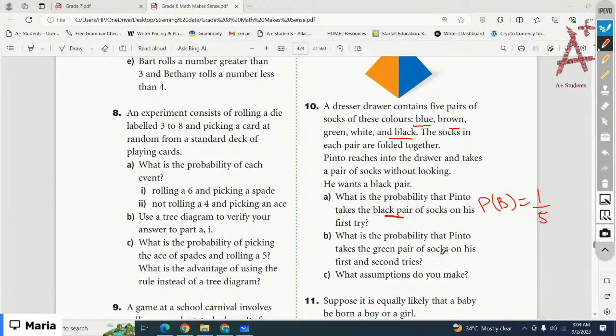Both tries he has the green pair. The probability of green is also 1/5. So first and second try both are green, that means probability of green and green would be 1/5 times. Let's just do it on the board.